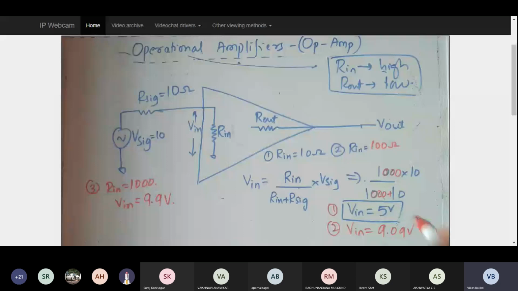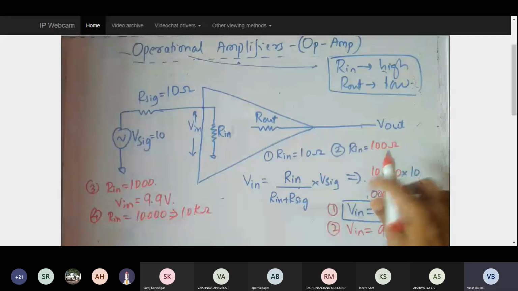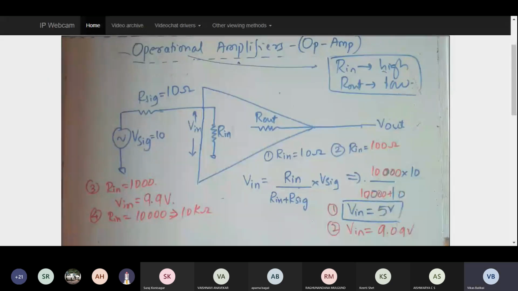Now let us go one more step. Let's give Rin equal to 10,000, which is nothing but 10 kilo ohms. See what happened now with 10,000: 10,000 divided by 10,000 plus 10, times 10.